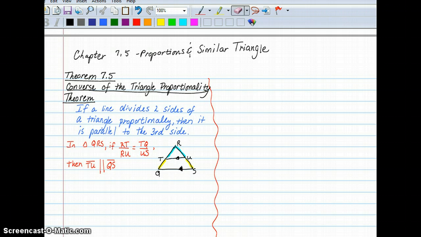Now, it is kind of nice to know that you can actually have another way to do this. So let's just draw this figure again, and I'll show you another way to look at it.